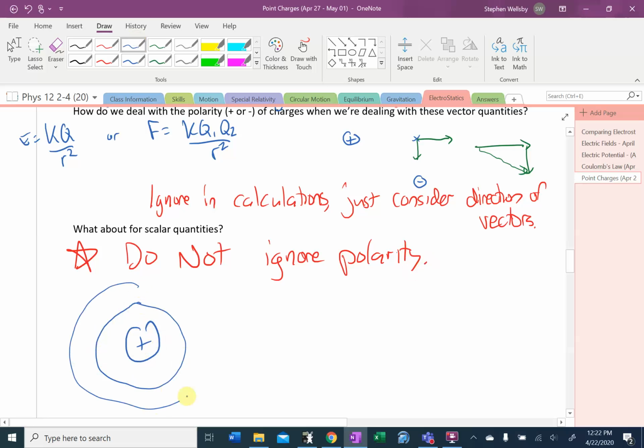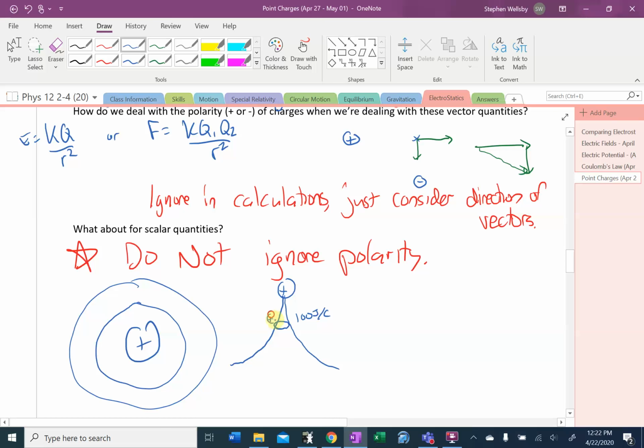We gave an example in your assignment a few weeks ago. If we look at this from the side and compare it to gravity, it would be like having a mountain that asymptotically goes towards infinity. At this point here, we might have 100 joules per coulomb. Remember, potential is how much energy you're going to have if you were to put a charge here.